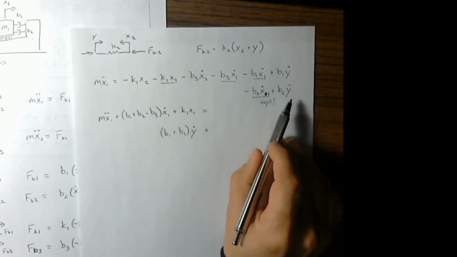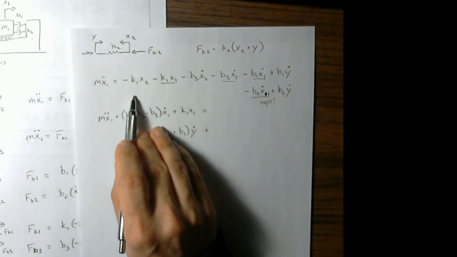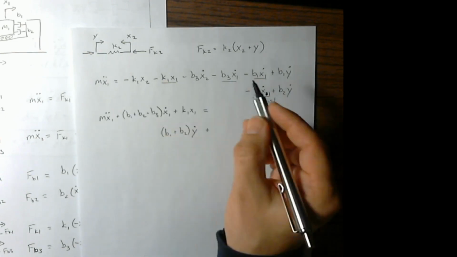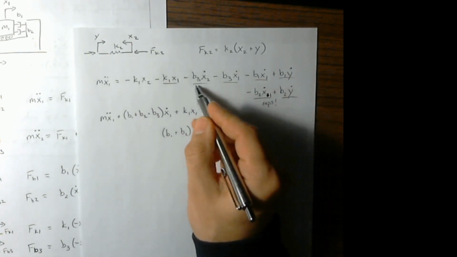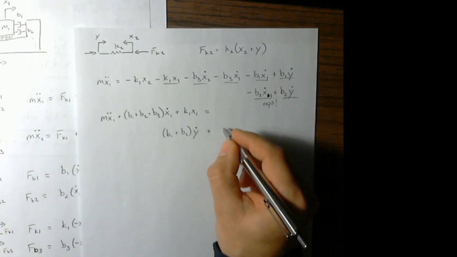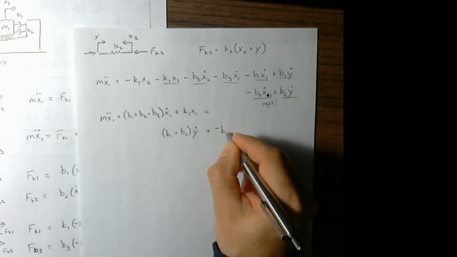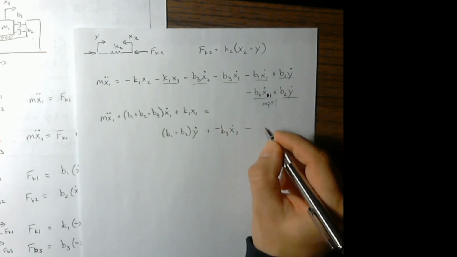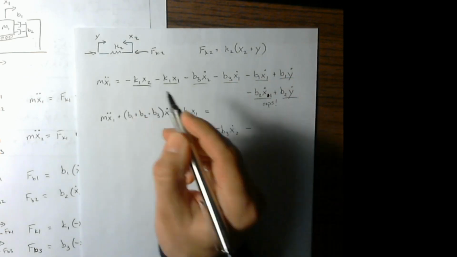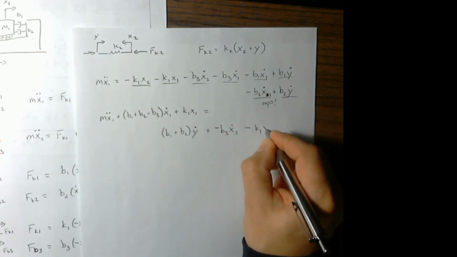Plus, all right, now the x2 dots, so we've taken care of these. Now here we've got a negative b3 x2 dot, negative k1 x2.